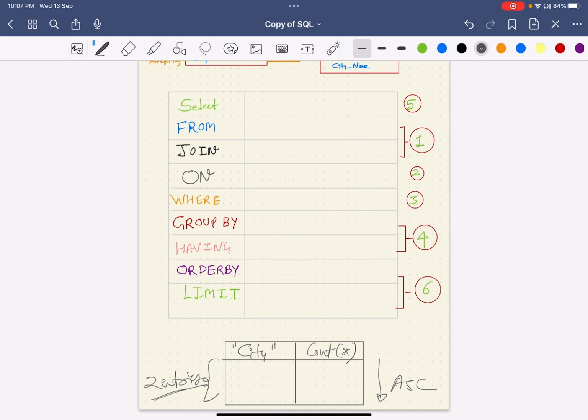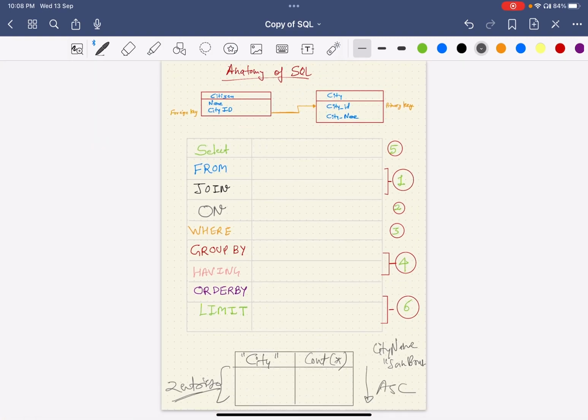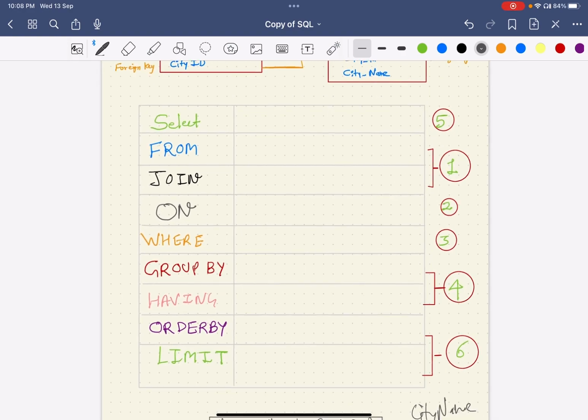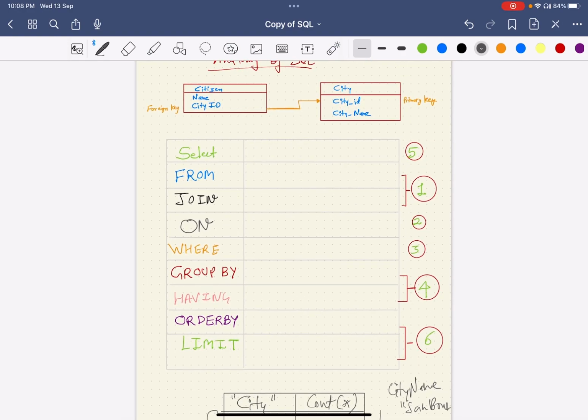There is one more condition, that your city name should not equal San Bruno. So this is the different condition we have. This was the question. We need to understand how the anatomy of SQL works.